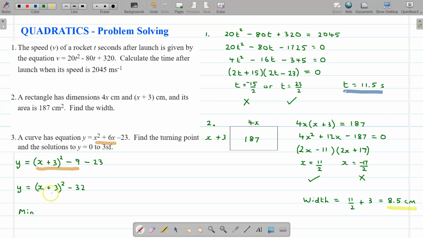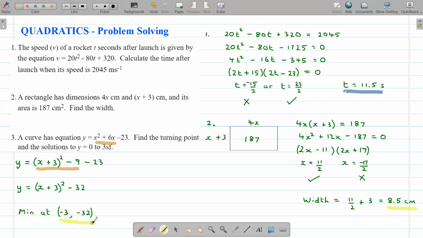So the smallest value this thing squared can be is 0, which means that x has to be minus 3 for that to happen, and that leaves y to be minus 32. So the minimum is at minus 3, minus 32. Again, it's a minimum point because it's a quadratic U-shaped curve. And that's how you answer the first part of that question.